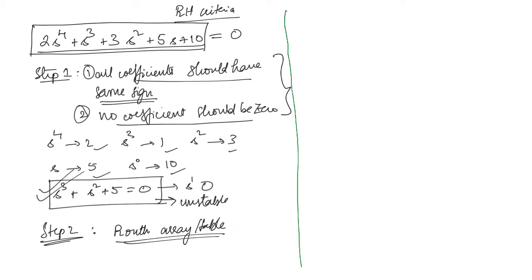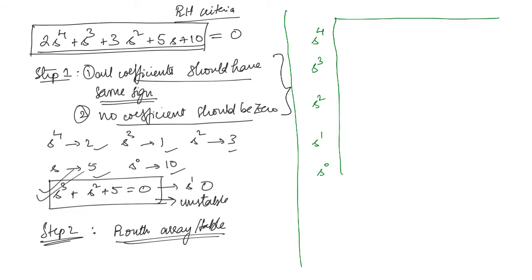So this we will construct here. For the Routh array, you will write down all the powers of s, that is s^4, s^3, s^2, s^1 and s^0, in one column. So this is one column.